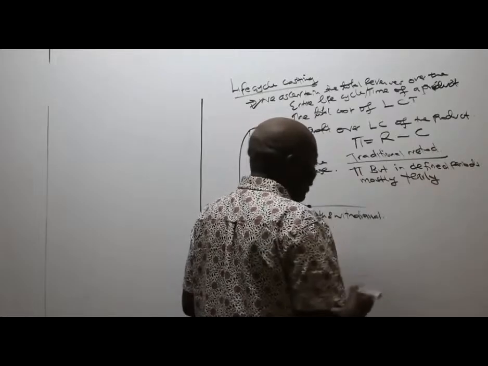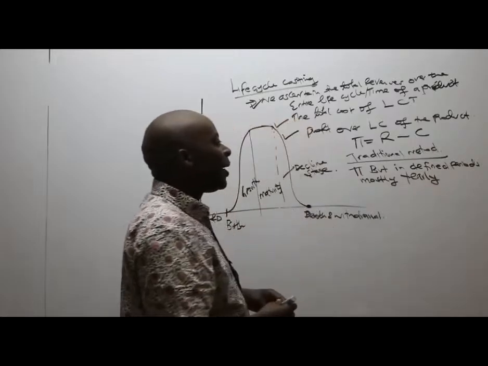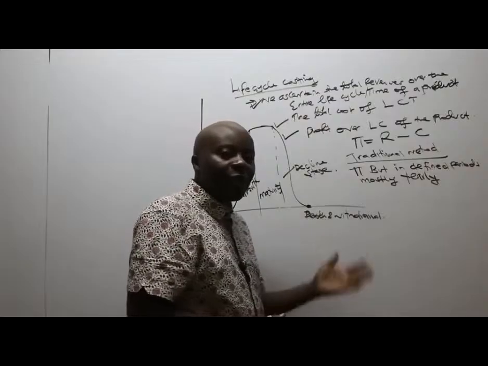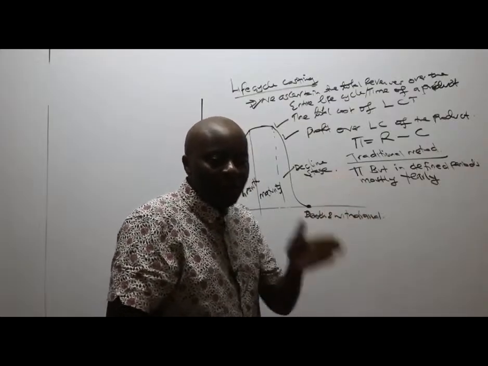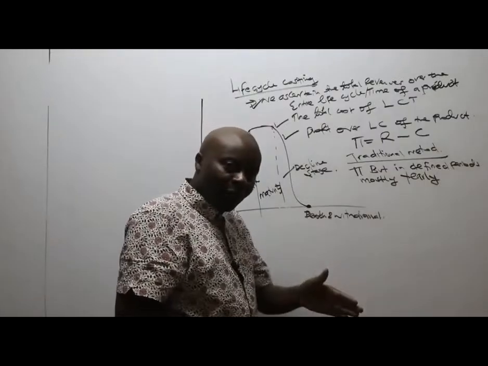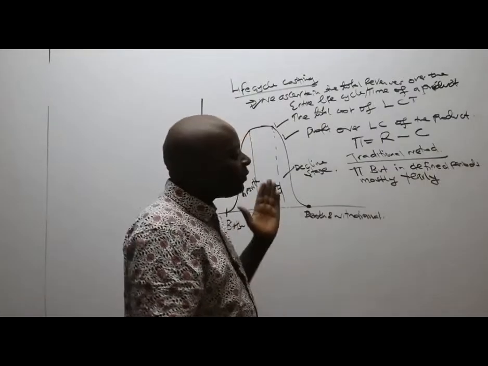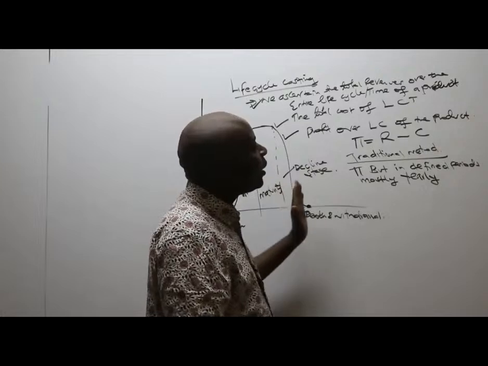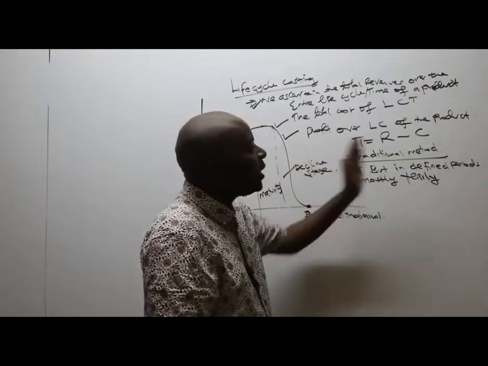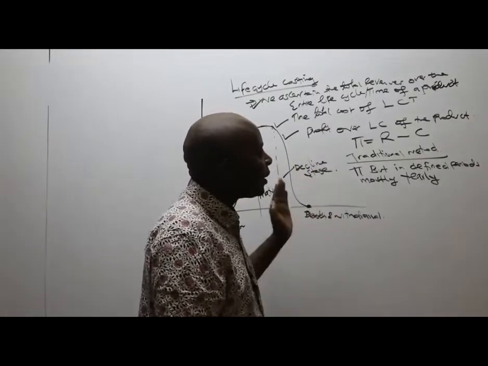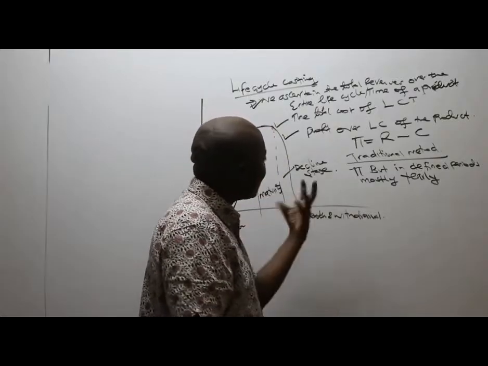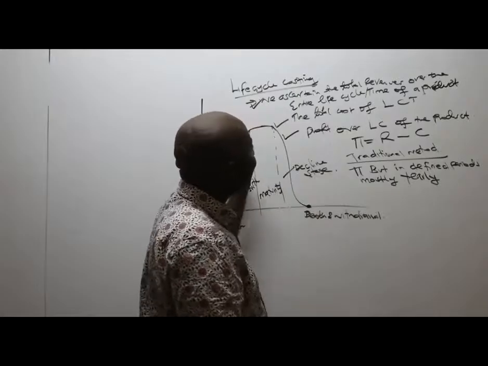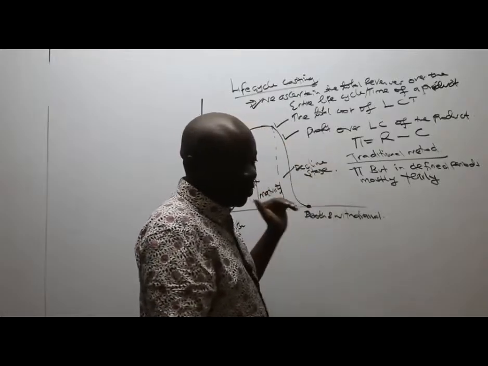So let's say, for example, this is the income statement of EABL for the period ended 2021. That is a traditional method. But for a life cycle, we will transcend one year. We'll ask ourselves, if it is Tasker, how long will this Tasker take, or rather how much will it contribute over its entire life cycle.